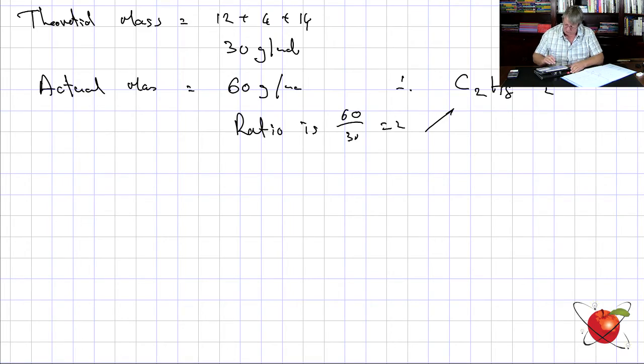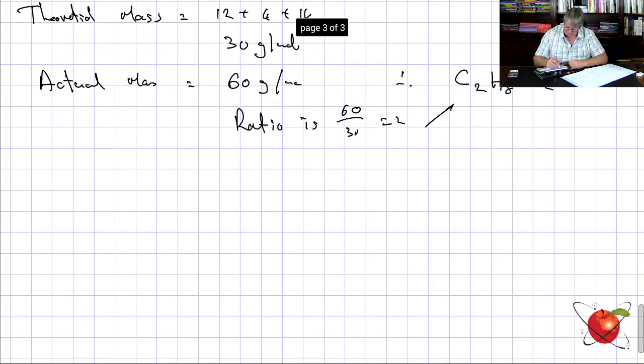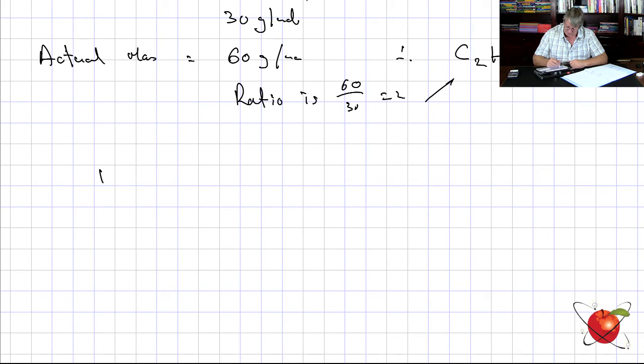Let's have a look. So, first of all, let us write our balanced chemical reaction. Sodium carbonate, Na, carbonate, CO3. We need to balance it.